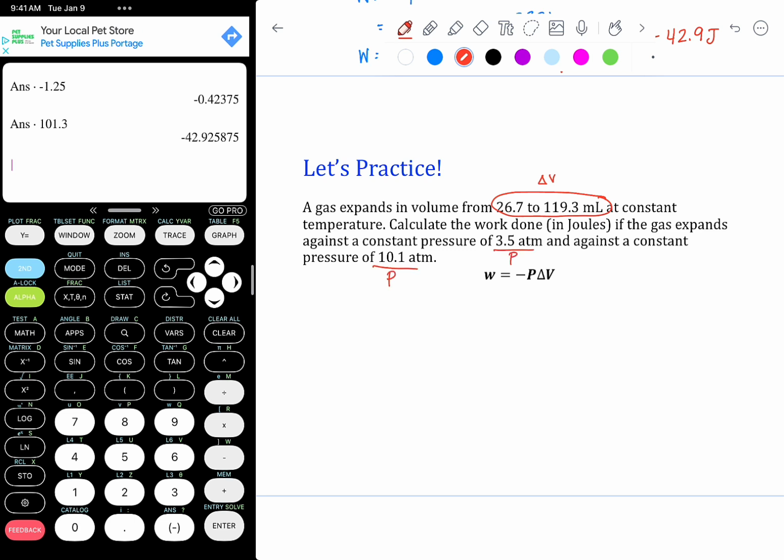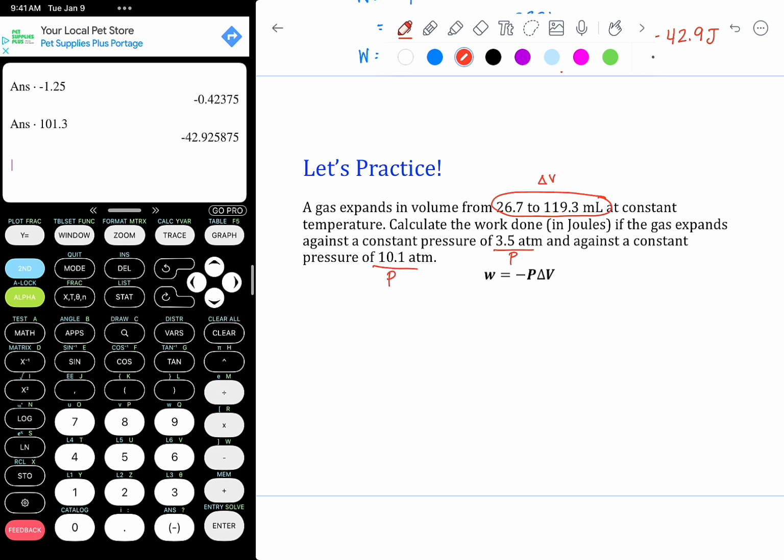So we're going to find two different values of work. And what we're going to see is that different pressures will require different amounts of work to make the same volume change. That's because the pressure is external and it's forcing against that volume change, against that piston moving up and down. So do we need more pressure to have more work or less pressure to have more work? Let's calculate that now.